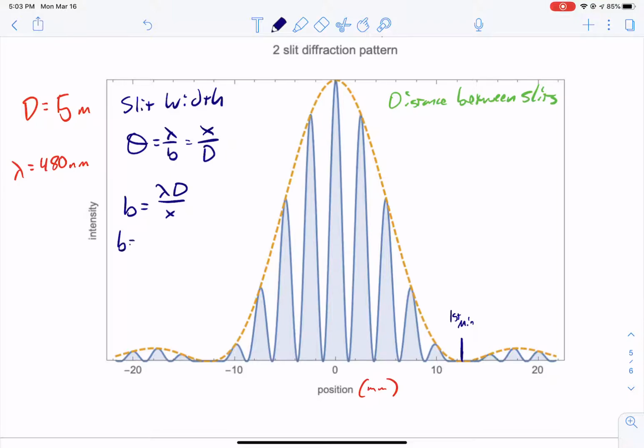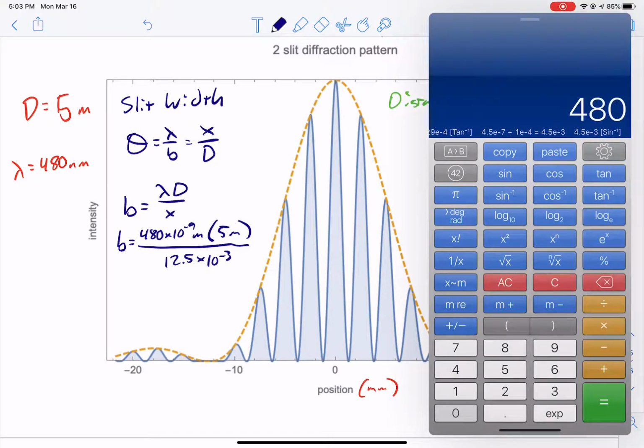We know the wavelength is 480 times 10 to the negative 9th meters. Distance of the screen is 5 meters. And x, we just saw, is about 12.5 times 10 to the negative 3rd meters. Again, doing our math, 480 times 10 to the negative 9th times 5 divided by 12.5 times 10 to the negative 3rd.